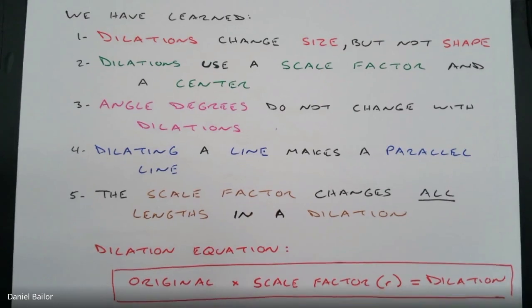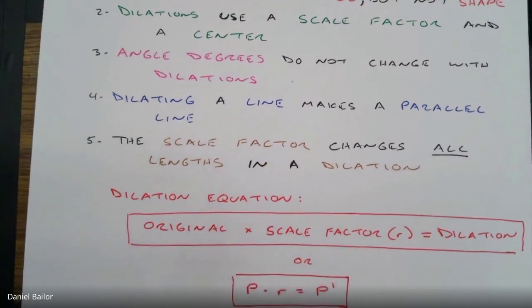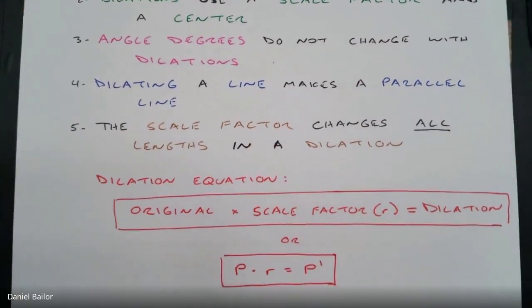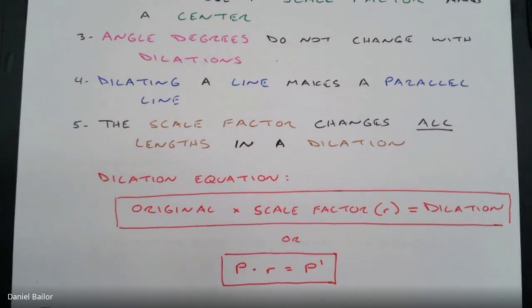We also learned the equation for a dilation. When you solve it mathematically, you take the original image, the original figure, whatever it is, if it's a line, a segment, a triangle, a square, whatever, you multiply it by the scale factor, which is r, and that makes the dilation.